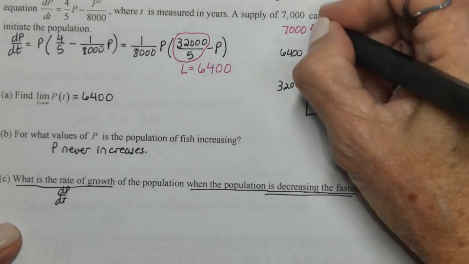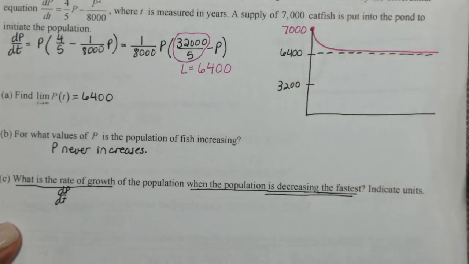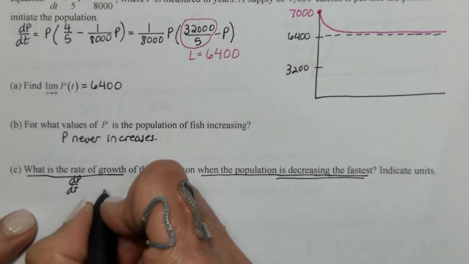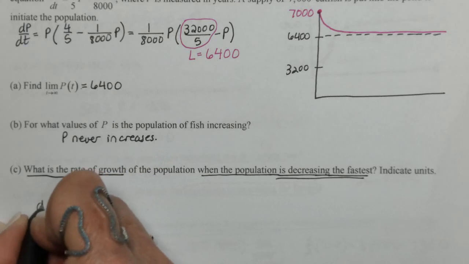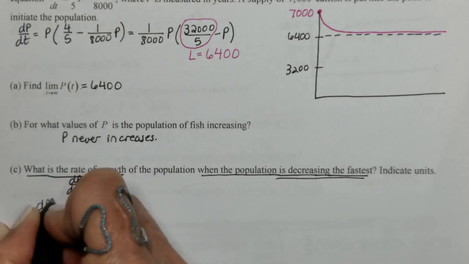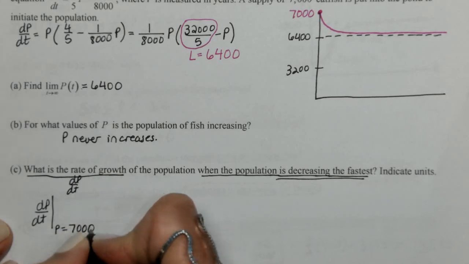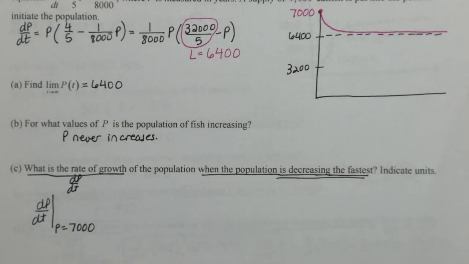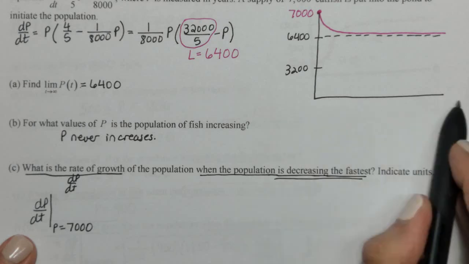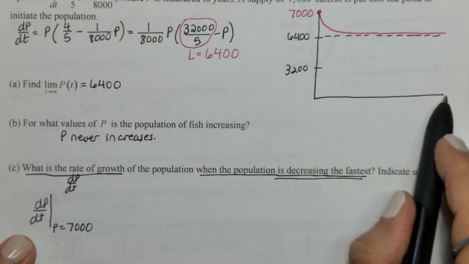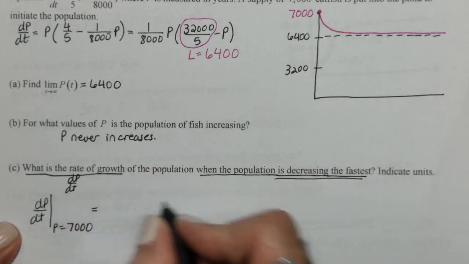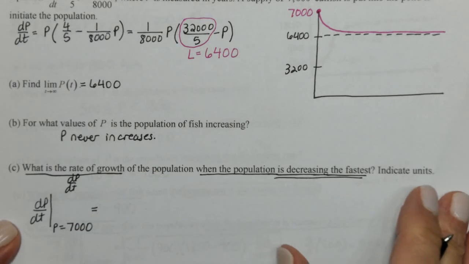Well, we're decreasing the fastest right at the beginning, right when we start. So they are asking what is dp/dt when the population is 7,000. Remember, no time. There's nothing on the time axis. We know nothing about time. Okay, so P is 7,000.